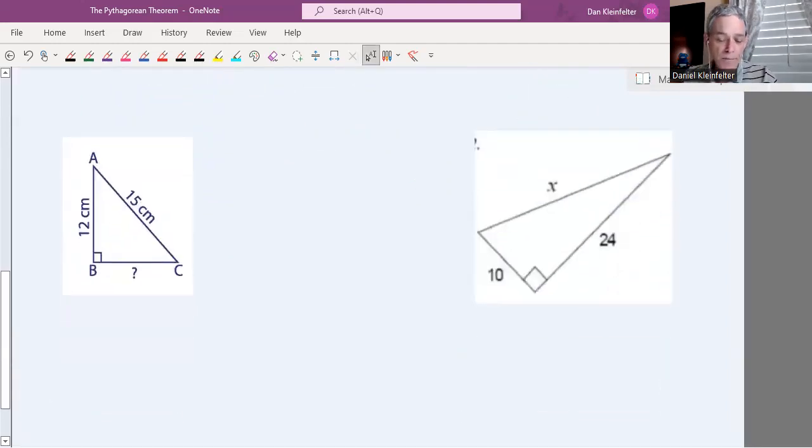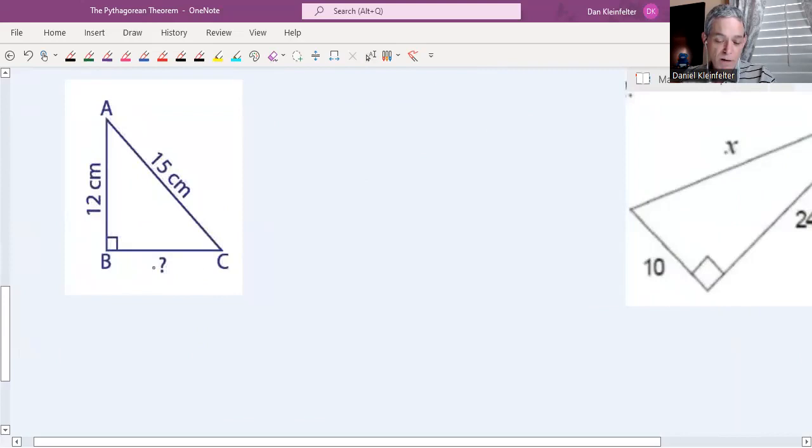Okay, here are two more. For this one, what's unknown is the length B to C. I'm going to call that x. We'll have x squared plus 12 squared equals 15 squared. Okay, so that will be x squared plus 144 equals 225.